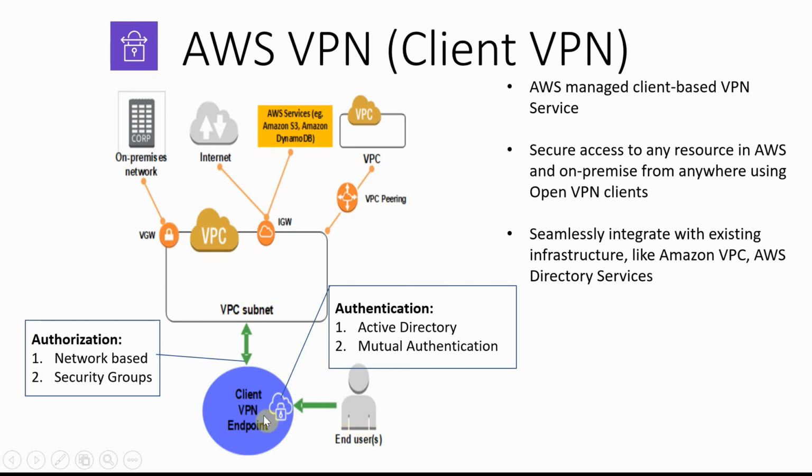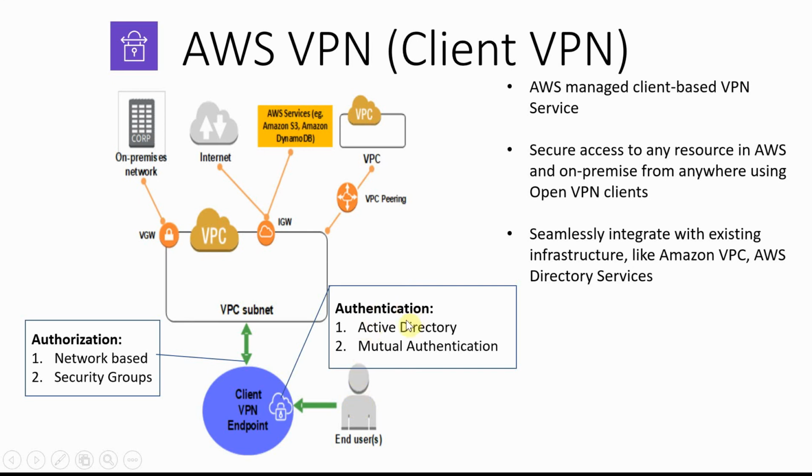So typically that's the architecture. The end user talks to the VPN client, the client talks to the subnet, and from there he can access all the other resources. At this point there are two things the client is doing: authentication and authorization. For example, an employee has a user ID and password, most probably their LAN user ID and password, or some other on-premise mechanism.